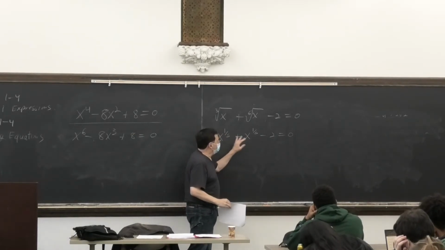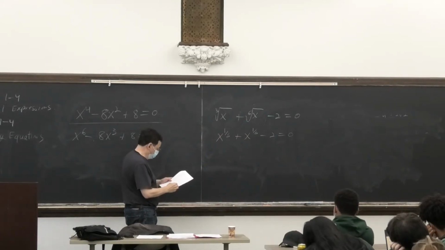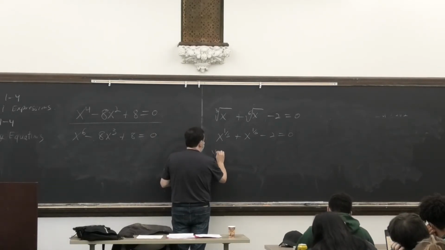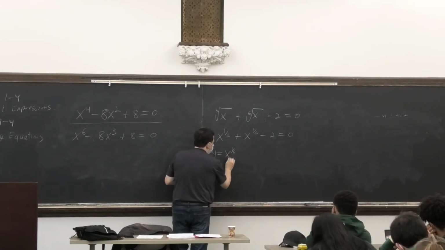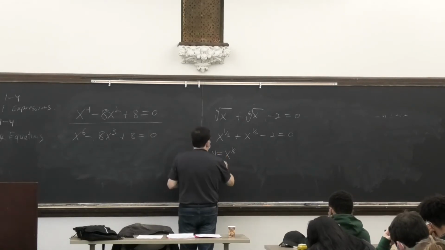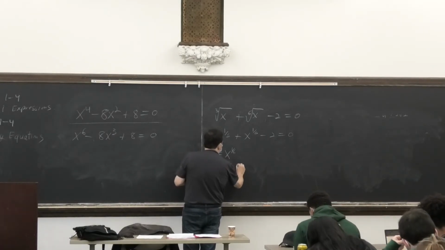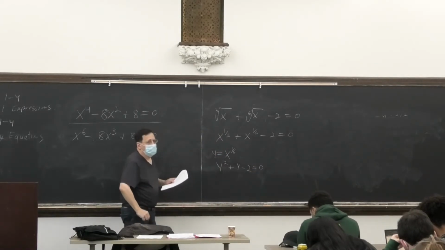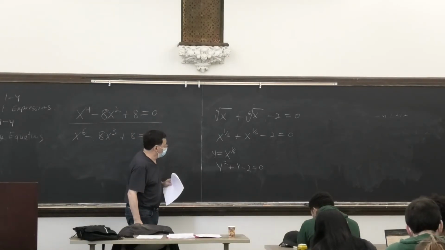Again, you'll notice these exponents have a common factor. So that suggests making y equals x to the 1/6. Well, let's see if that's going to help us. This becomes y squared, this becomes y, minus 2 equals 0. Okay, so once again, we modify this so it's a quadratic, something we're more familiar with solving.